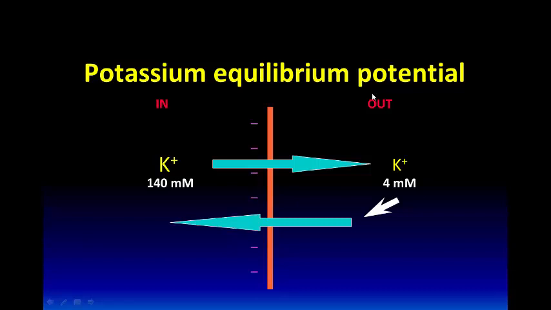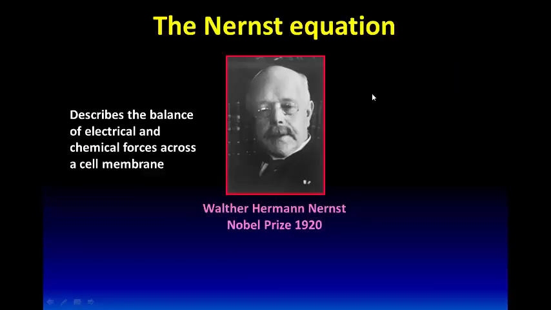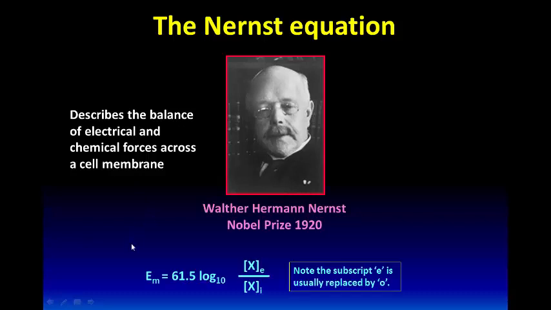We can calculate the potassium equilibrium potential using an equation first described by Nernst, who won the Nobel Prize in 1920. This equation describes the balance of electrical and chemical forces across the cell membrane. And here we have the Nernst equation.